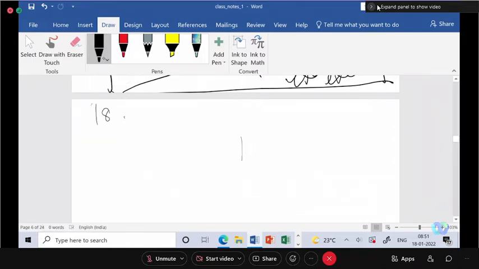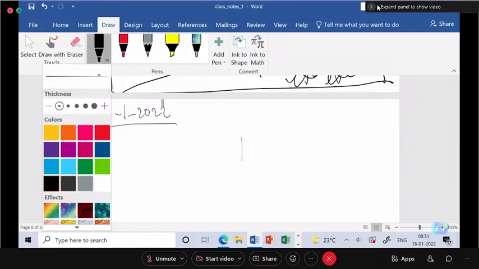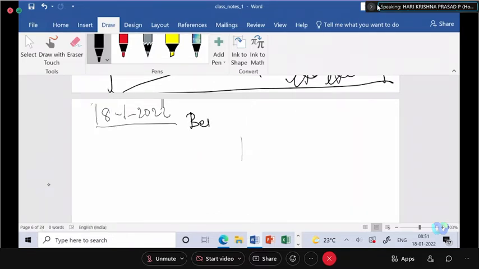The concept is Bernoulli trials we are discussing.